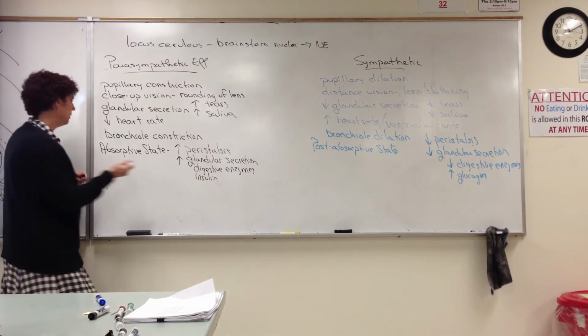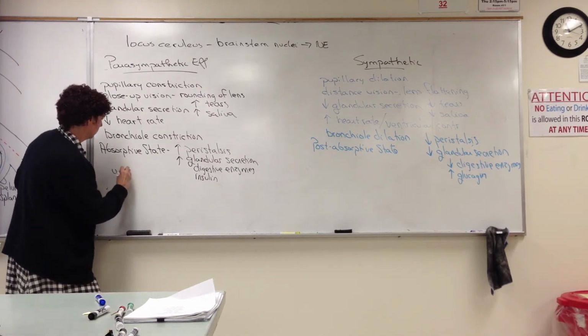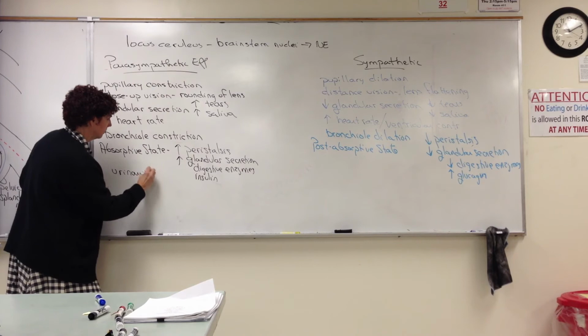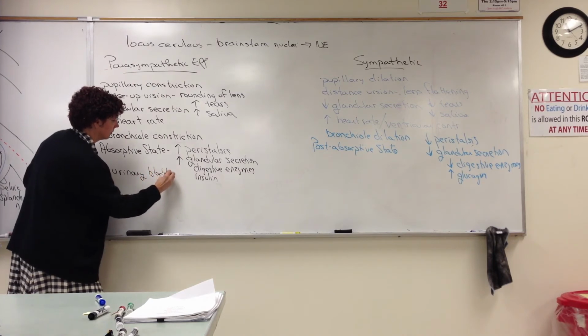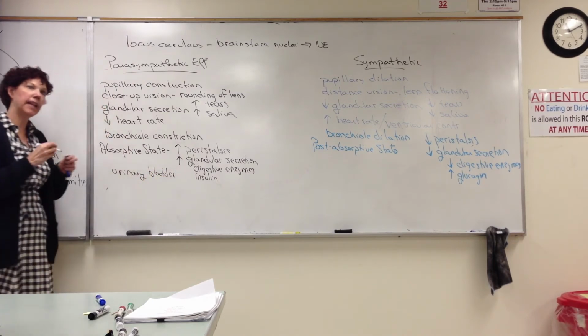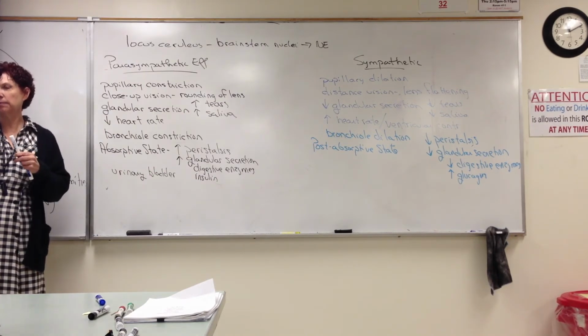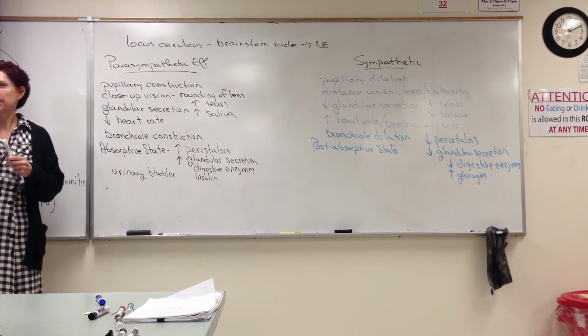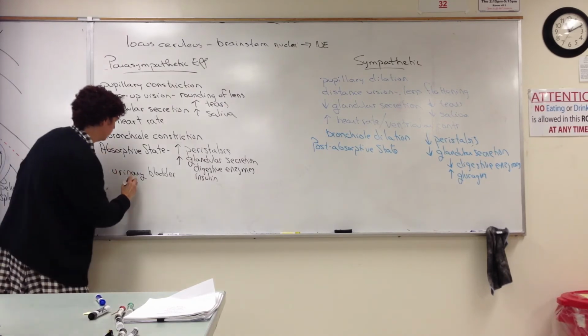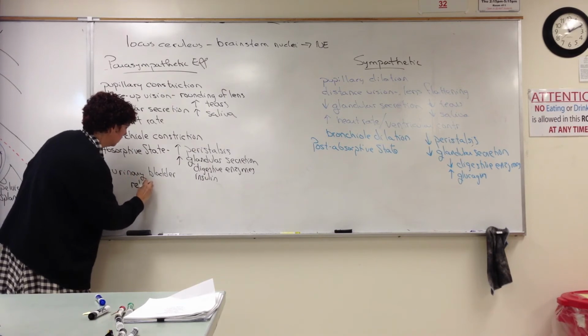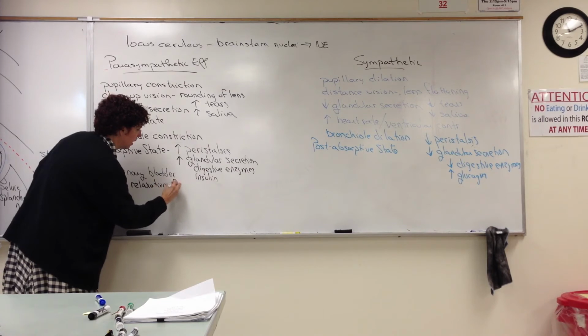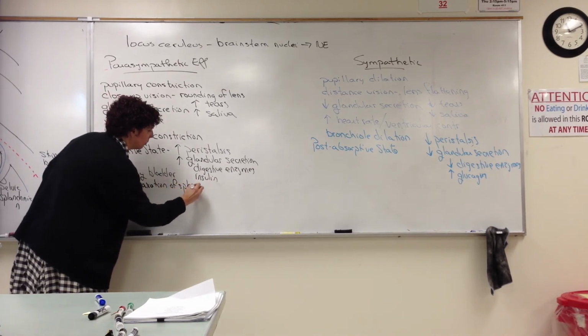Okay, urinary bladder. There's two things to the bladder. When you go to the bathroom, you need to contract the bladder, but for urine to leave the bladder, the sphincter has to be released. So it's going to be relaxation of the sphincter, contraction of the bladder wall.